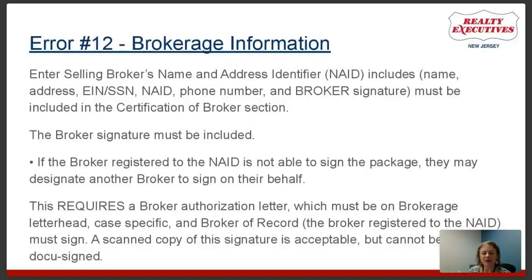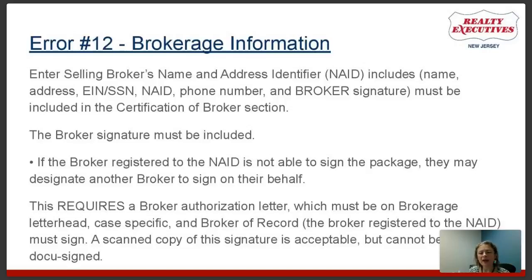That has to be submitted with the offer, but it also has to be signed with a letter included in the package. The letter has to be on the brokerage letterhead. It has to be case specific, so it's not like you're going to write a letter and use it for all the contracts. The letter has to include the specific case number for that particular property.